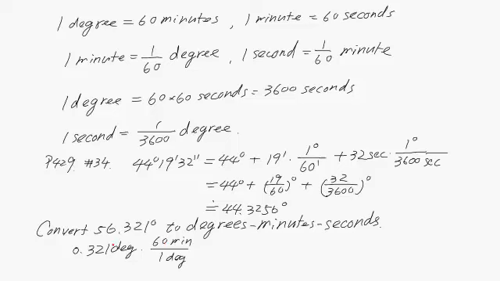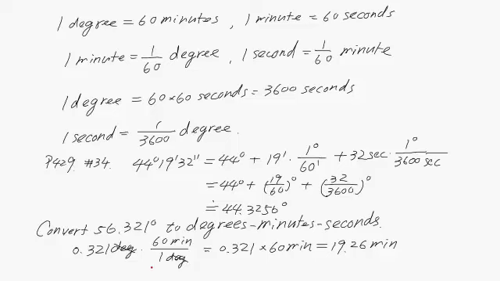Now we cancel the units, degrees, and then we get 0.321 times 60 minutes, and then this is equal to 19.26 minutes.